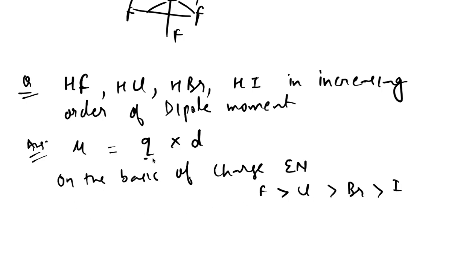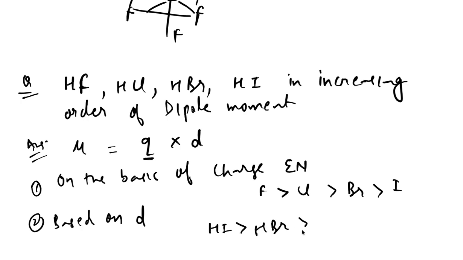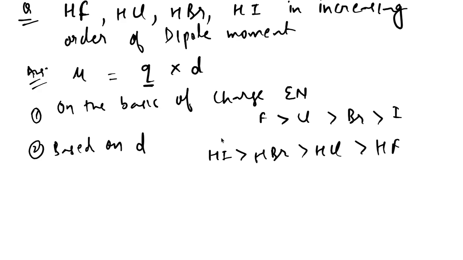But based on distance, the bond length, it has been found that HI has a greater bond length than HBr, then HCl, then HF.